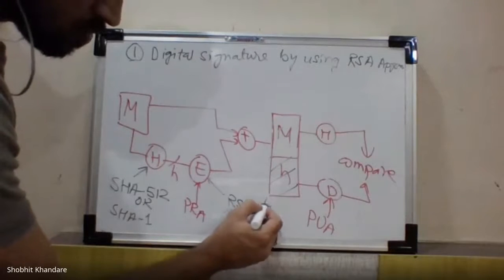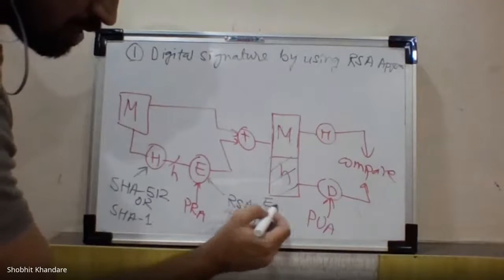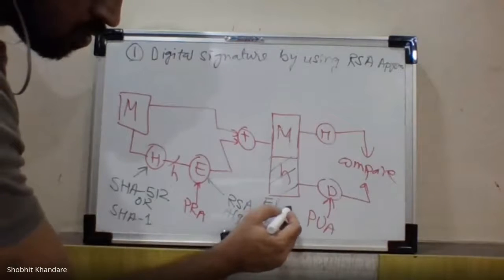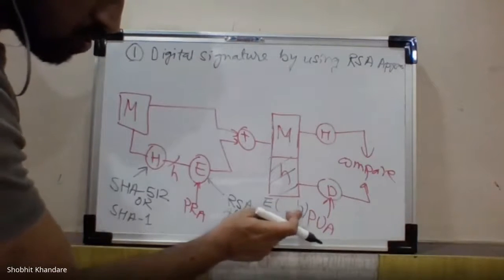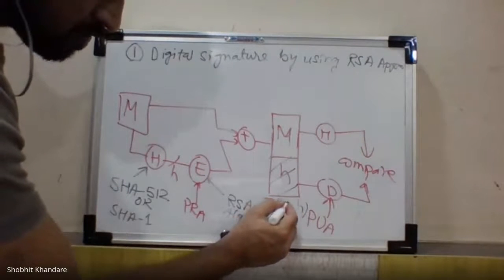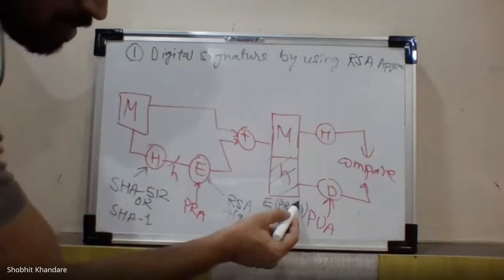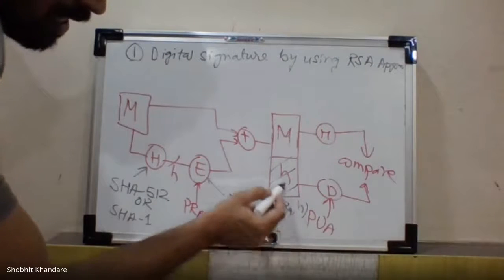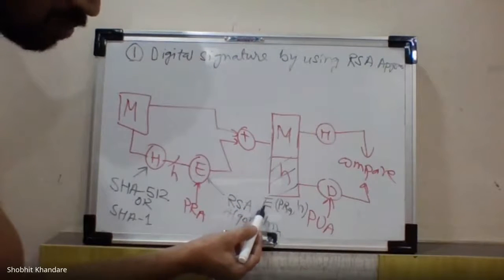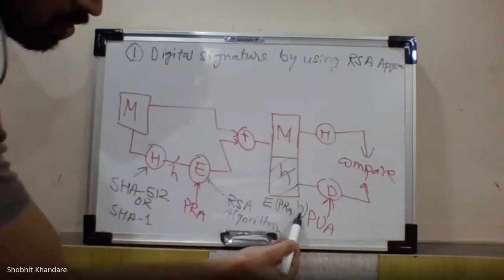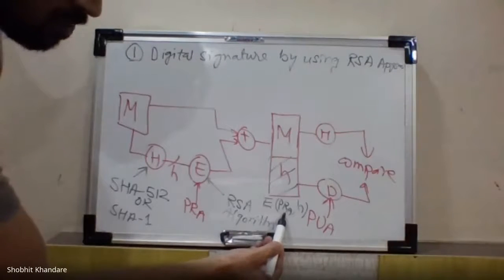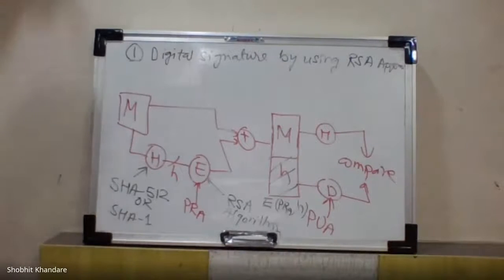See what I am writing: encryption E is done over the hash code by using the private key of A. Understand the meaning of this notation I have written under H: the encryption algorithm is used over the hash code small h by using the private key of A.